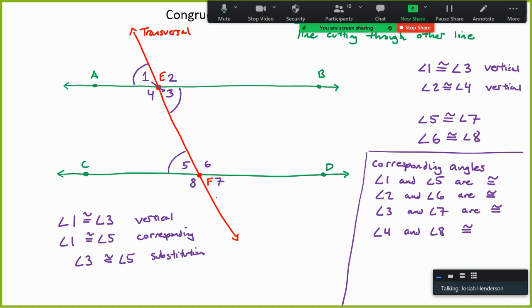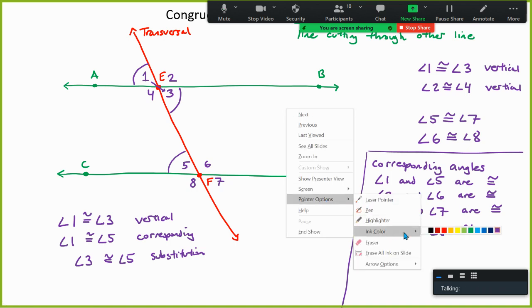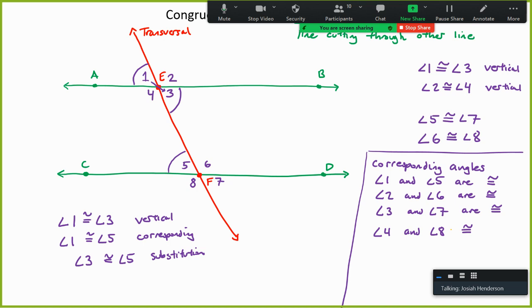And the same thing would work for many of these. Angle 1 is congruent to 3, but 3 corresponds to 7, doesn't it? So that means angle 1 is congruent to angle 7. I'll write that one out in orange quick. Angle 1 is congruent to angle 3 because of verticals.